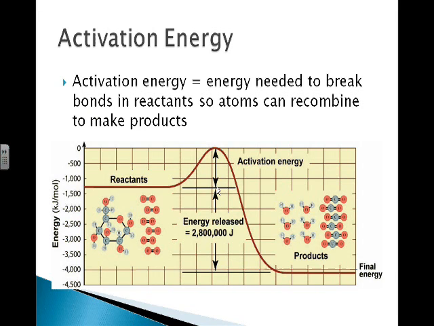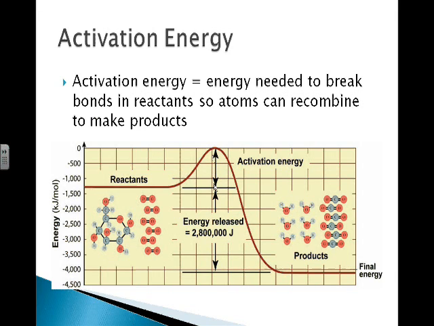And here, though, we see we have this peak in energy, and it's because the reactants need to have energy added to break all of those bonds and get those atoms out of molecular form and into single atom form so we can then make new bonds.